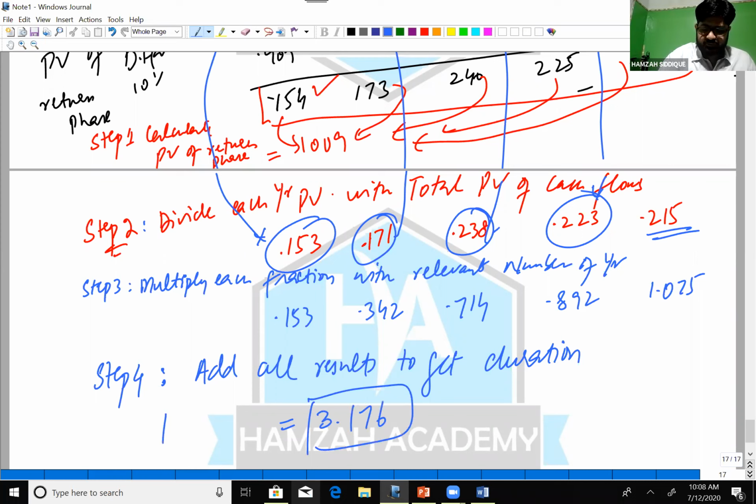This is the duration of the project. So we have done a weighted average of the time to recover cash flows of the project. This is called duration. It covers the whole life of the project and incorporates discounting as well.